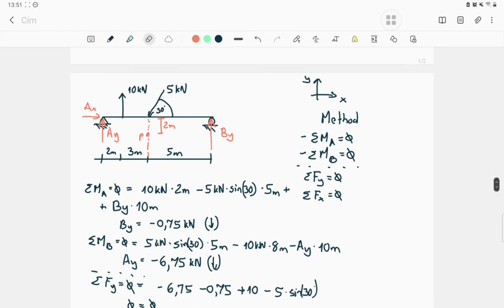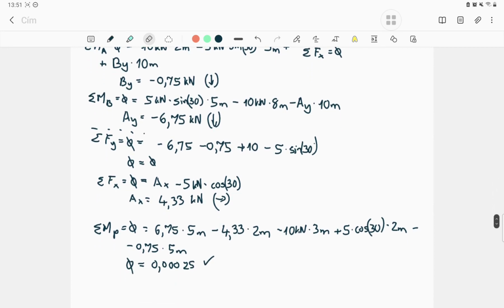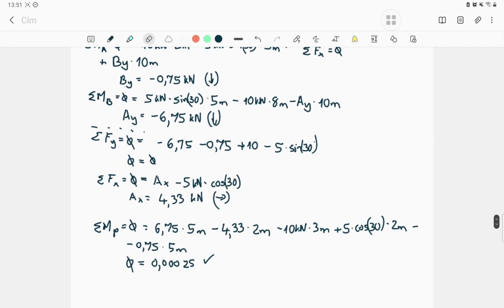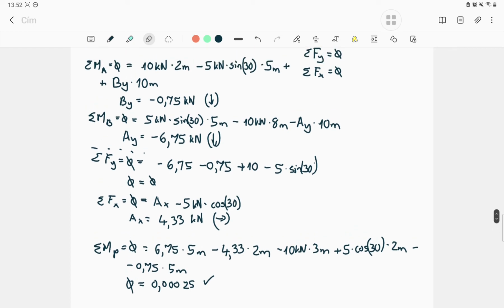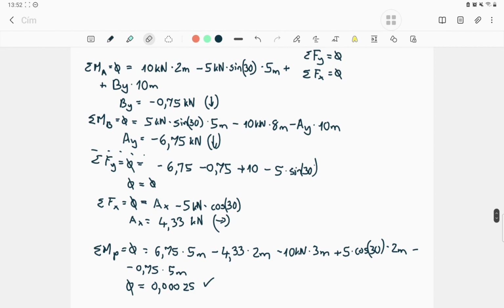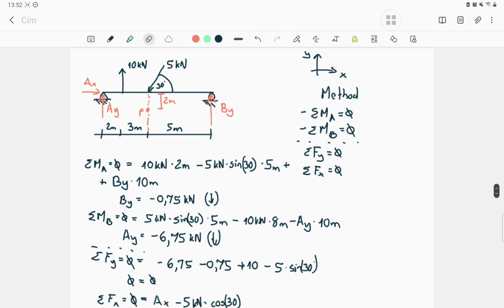So you can check with this P point moment. You can check everything, by the way. The summation of MP equation contains the AY, BY, and the AX at once. So if this is 0, by the way, everything is good. The checking equation is not necessary in my class, but I suggest it every time, because just imagine if your BY is wrong or the AY is wrong, and if you didn't check, you won't know which one is good and which one is wrong.